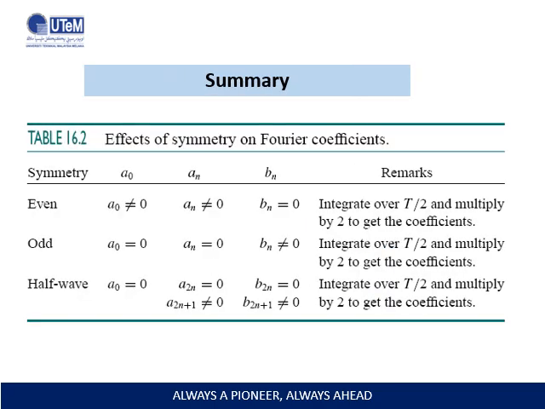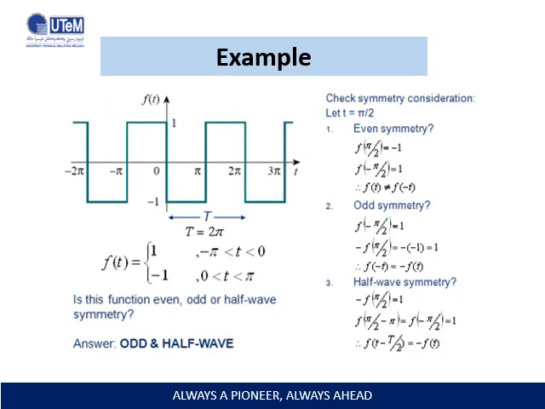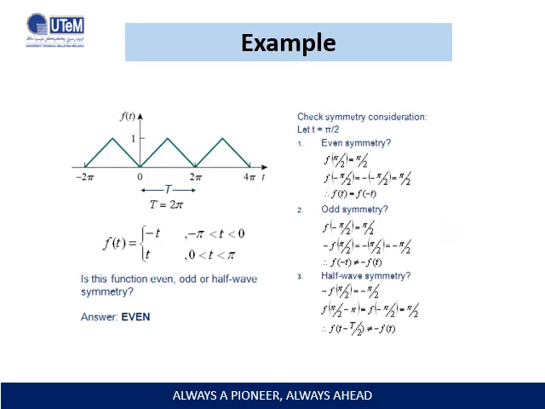As long as you still remember the even and odd, that is a great help. So when you get a periodic signal, first of all, you should determine the symmetry of the signal, whether it's odd symmetry or even symmetry.